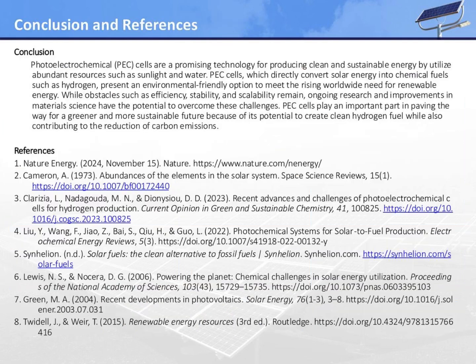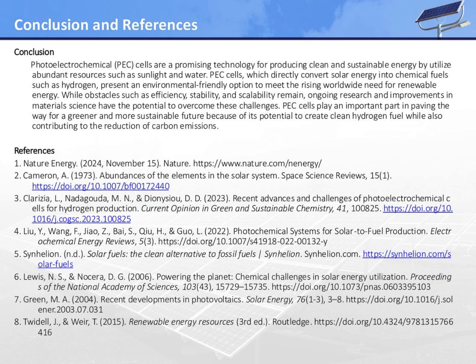In conclusion, PEC represents a groundbreaking technology for producing clean and sustainable energy. By utilizing abundant resources like sunlight and water, PEC directly converts solar energy into chemical fuels such as hydrogen, offering an eco-friendly solution to meet the global demand for renewable energy.